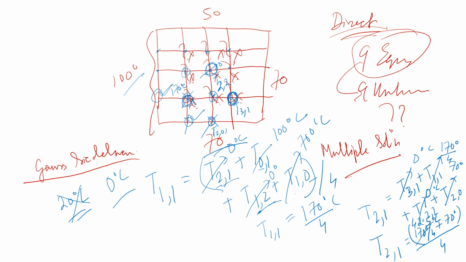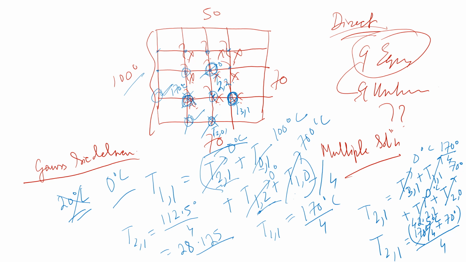Correct? So T21 will be around 112.5 degrees centigrade divided by 4, which will be again your 0.125 like this.